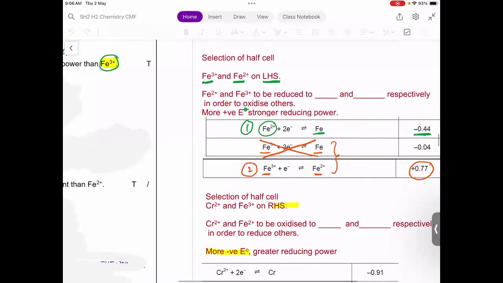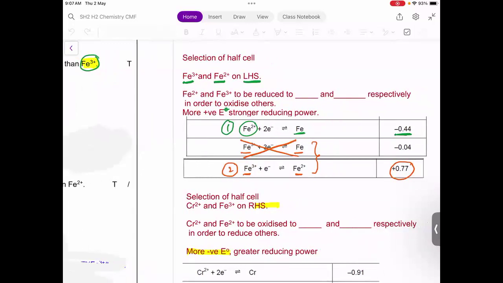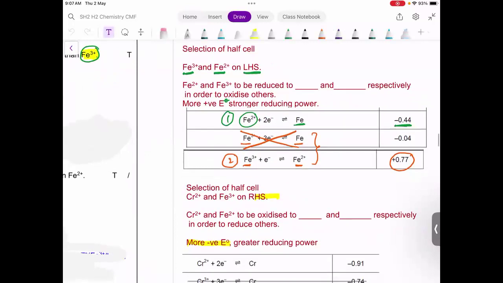The second alternative is iron 3 accepting only 1 electron to become iron 2, which is a positive 0.77. Between these 2 possibilities, I highlighted that it must be the one that is more positive that will be taken as the reference. That's why we cancel this away, because among the 2 iron 3 here, this is the one that is more positive. So we'll use this as a reference for comparison.